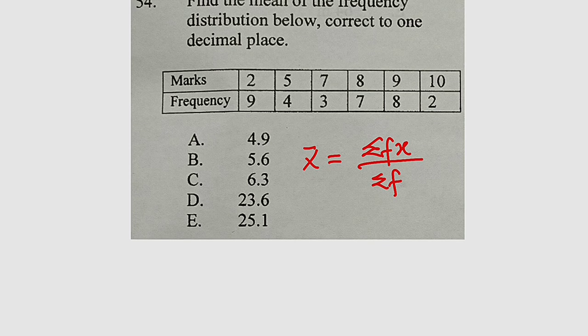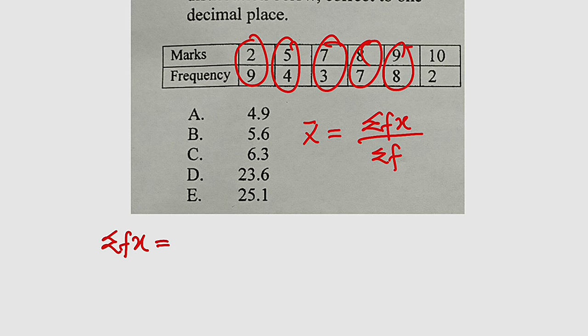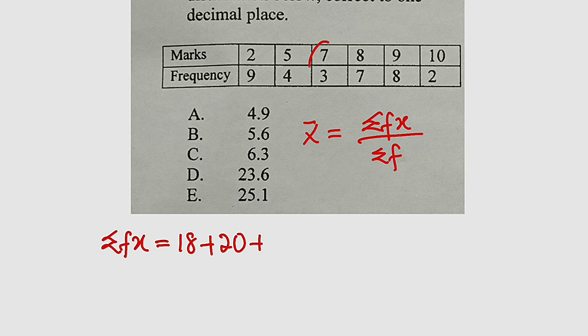So now let us start by finding the summation of fx, meaning we should add the sum of all these products. 2 times 9 is 18, plus 5 times 4 is 20, plus 7 times 3 is 21, plus 8 times 7 is 56, then plus 9 times 8, which is 72. Then lastly, 10 times 2 is 20.